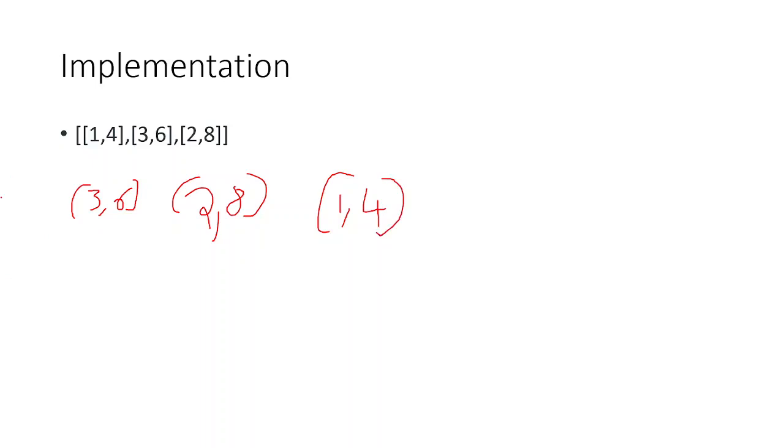We are just using a comparator. Let us consider this as a and this as b, that is a of 0 and b of 0.